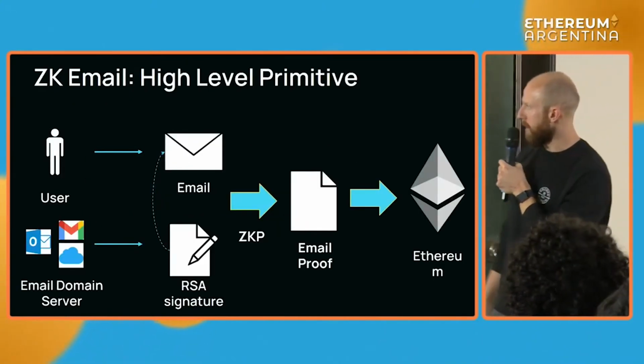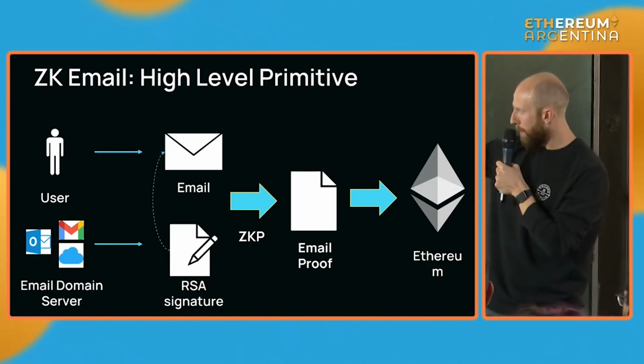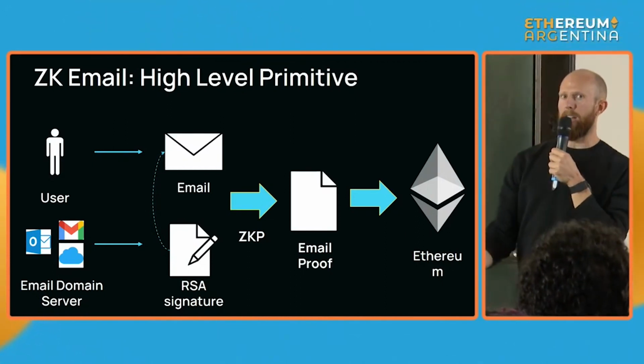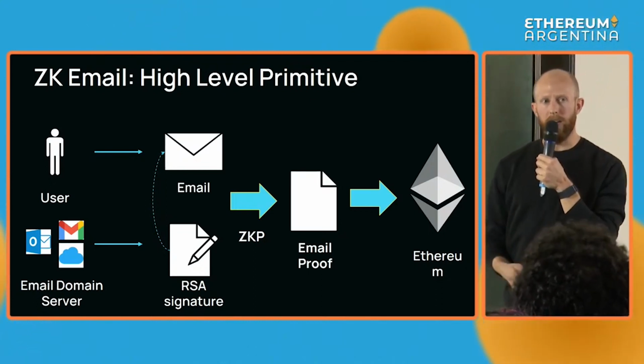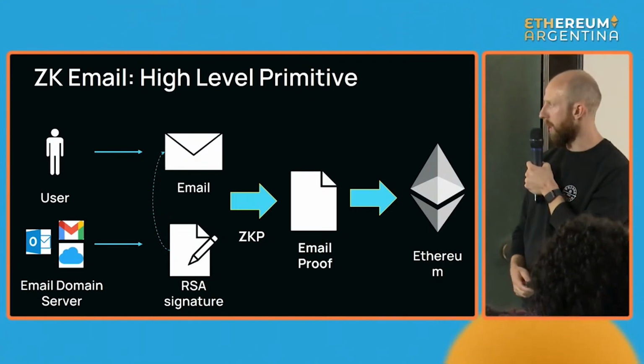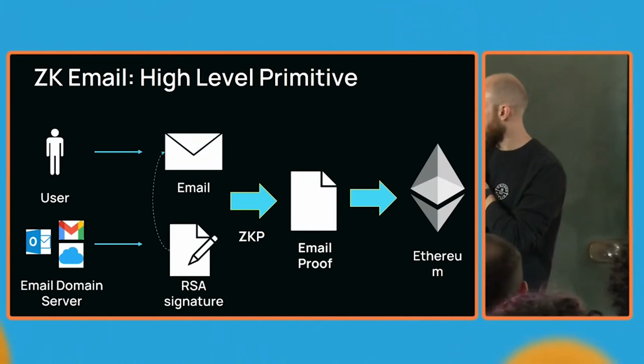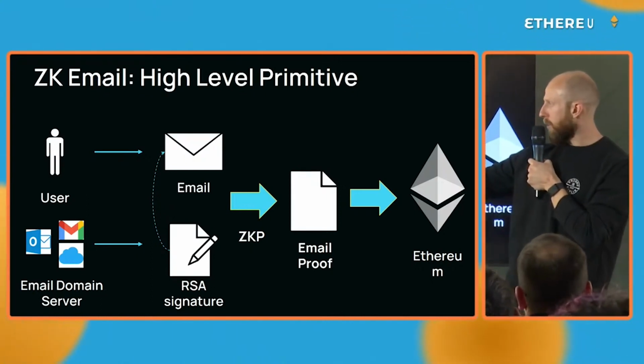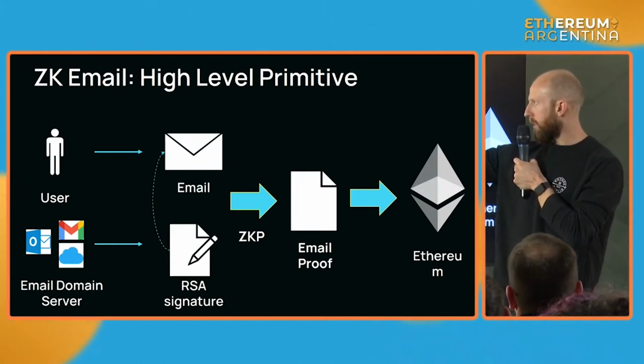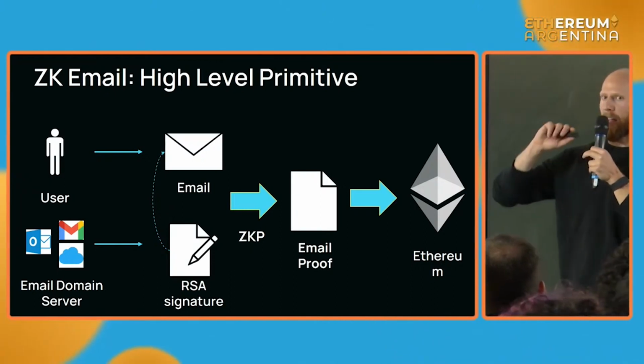And what they do is, you can see they take an email and take advantage of existing internet standards and protocols that already exist, where I think since around 2017, basically email domain servers will take this email and sign it.